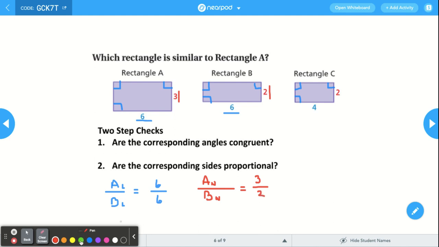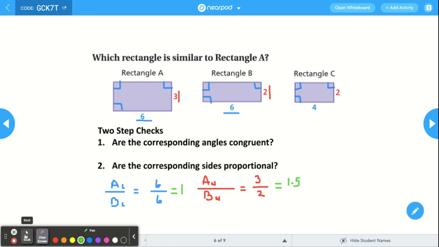Simplifying these, 6 divided by 6 would be 1, right? And if I divide 3 by 2, I get 1.5. So I could tell these two numbers don't match up. I have 1 on this side, 1.5 on the other side, they're not going to be the same.